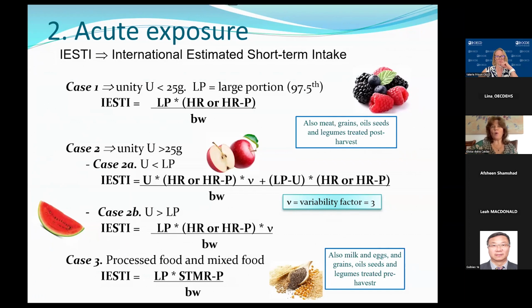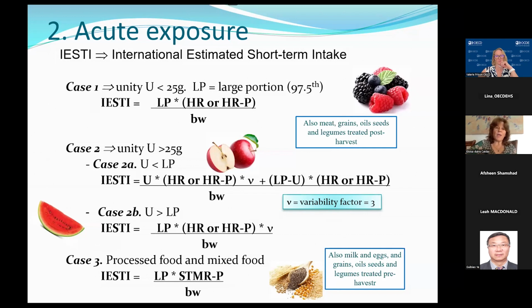While for chronic it's the mean consumption, that's what is in the cluster diet, here, as it's acute, you are assuming that in one day a person decides not to consume the average amount of that food as they usually consume, but consumes a large portion of that crop.